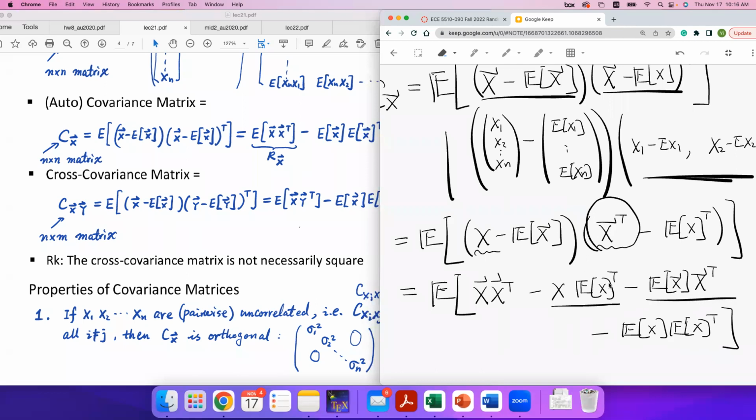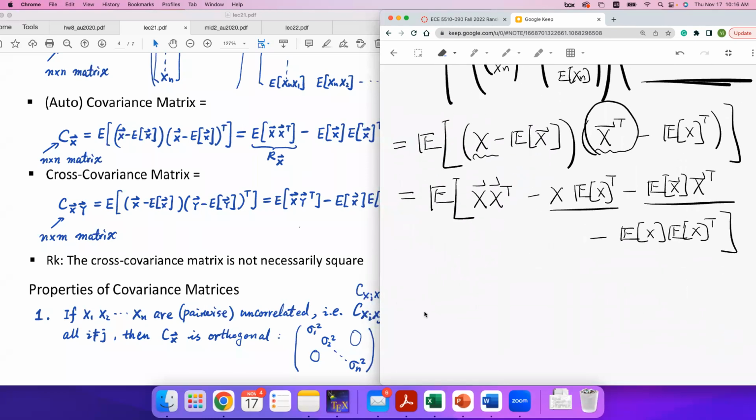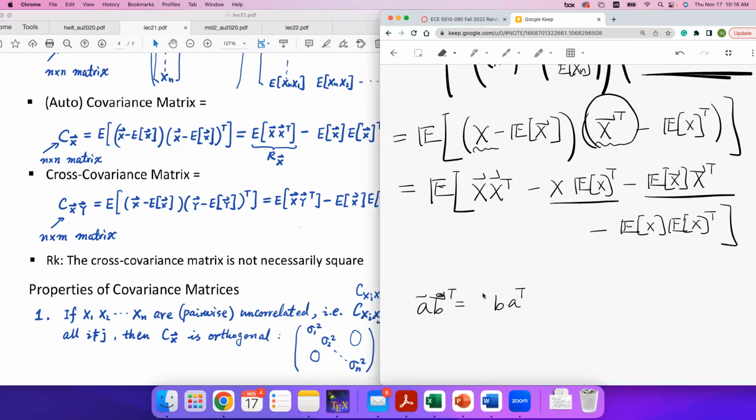And these two, they are not equal to each other, right? Because for matrix multiplication, AB transpose and BA transpose are not equal to each other.